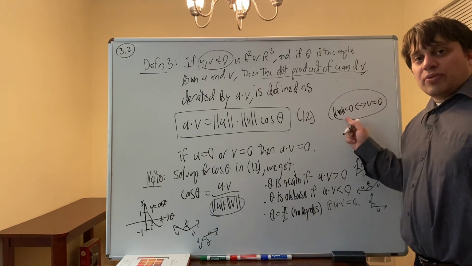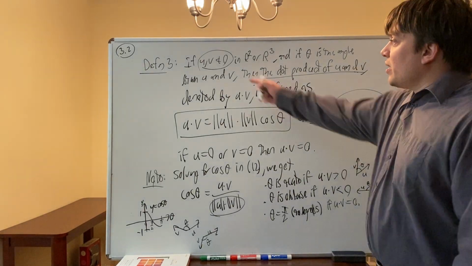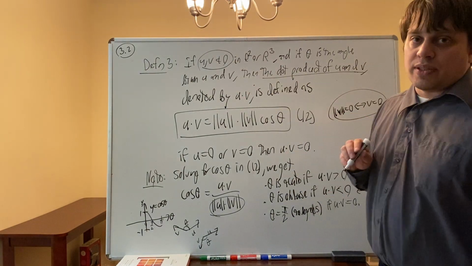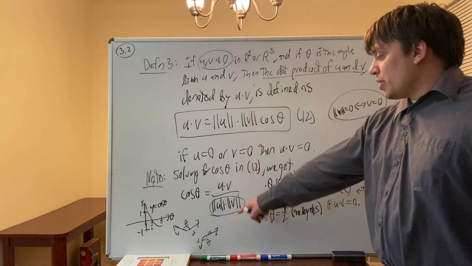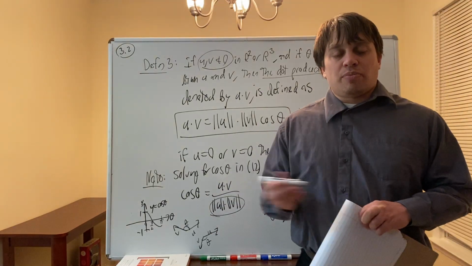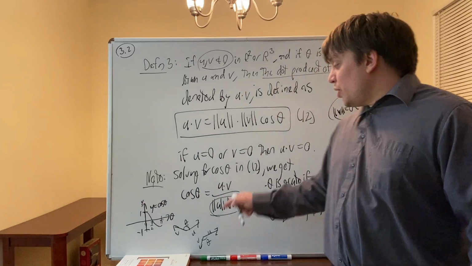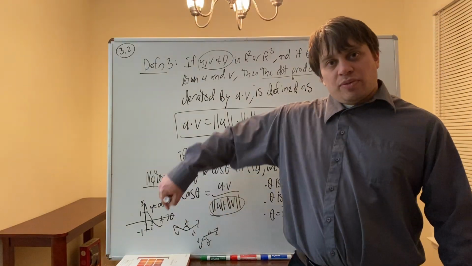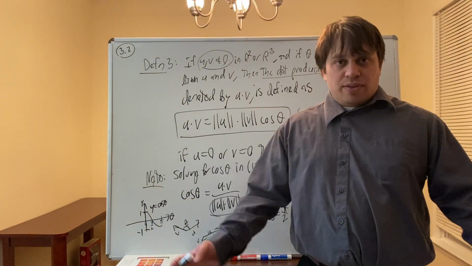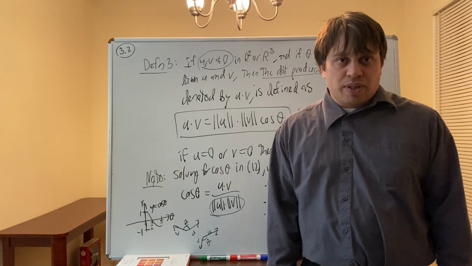These are equivalent. So saying they're non-zero vectors means their norms are non-zero. You can divide by their product, because a product of non-zero numbers is non-zero. So you're allowed to divide by the norm of u times the norm of v if you have two non-zero vectors u and v.